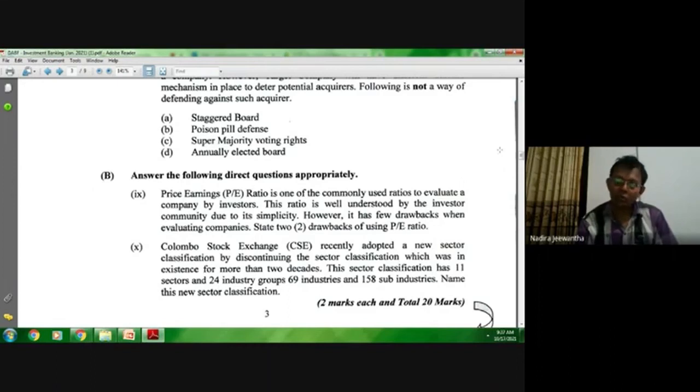And also, when you issue shares in a particular year, what happens? Profit after tax divided by number of shares, ordinary shares.